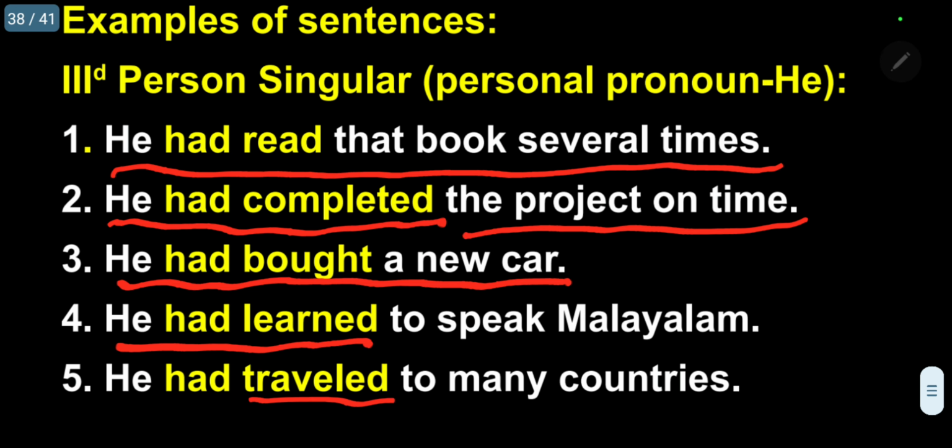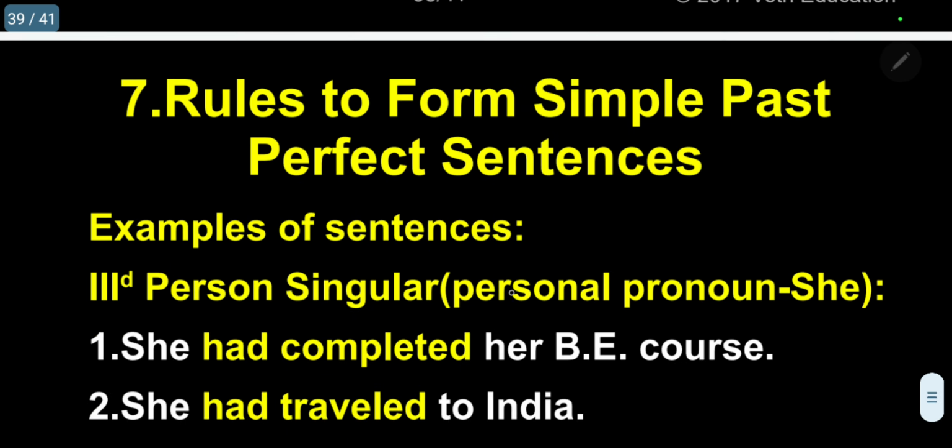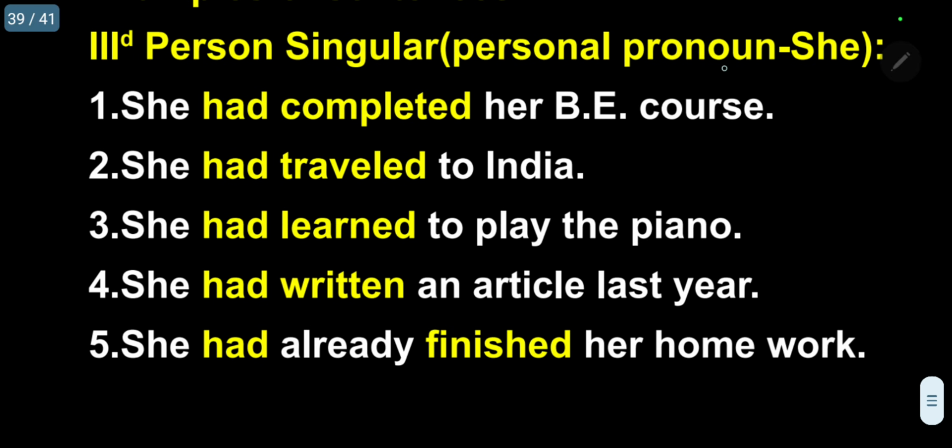So, had plus V3 verb we are using for he. The same way for she, exactly identical. She had completed her B course. She had traveled to India. She had learned to play piano.